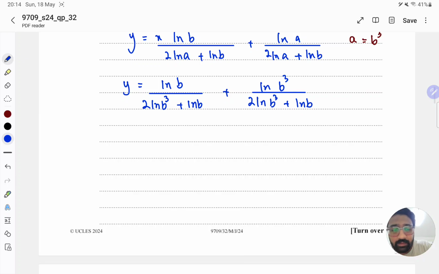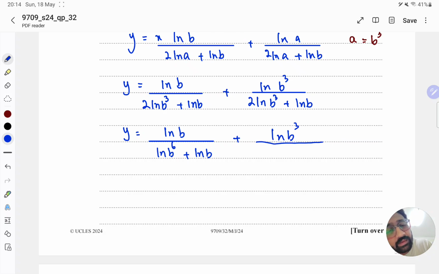Now the 2 before ln we will take to the power. It will become y equals ln b divided by (ln b power 6 plus ln b) plus ln b power 3 divided by (ln b power 6 plus ln b).